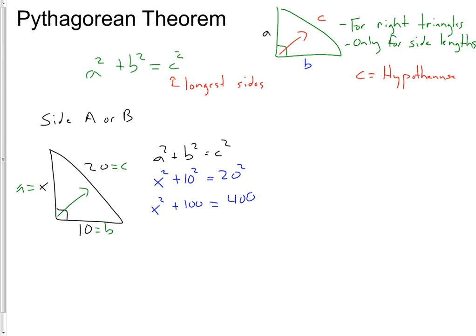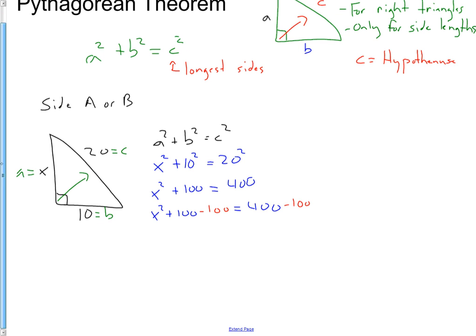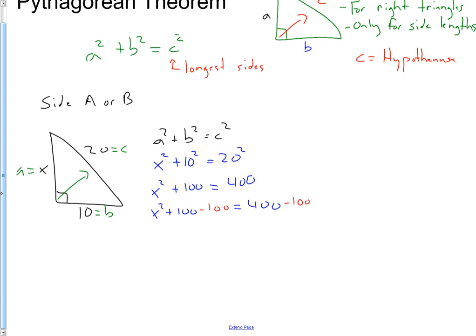I'm going to move that 100 over to the other side, so minus 100. It's equal to 400 minus 100, and so this is going to leave me with x squared is equal to 300.